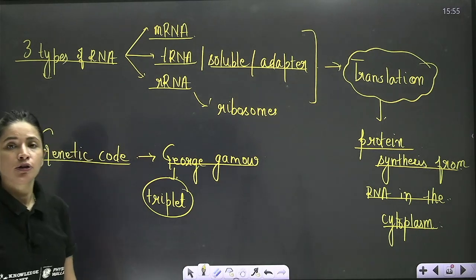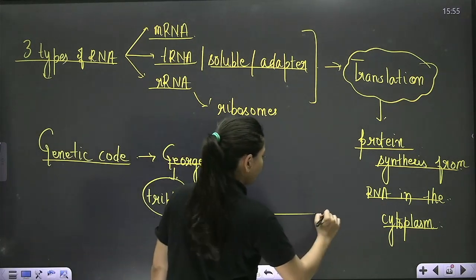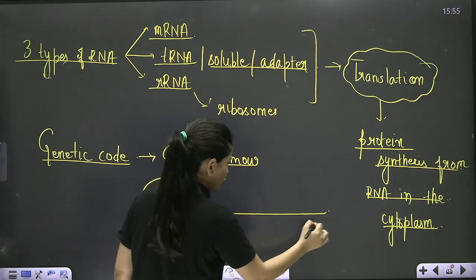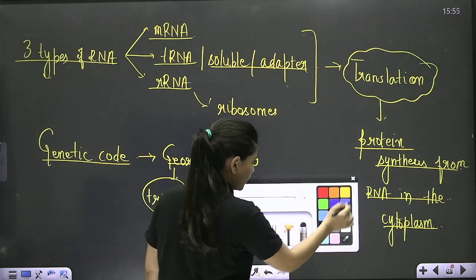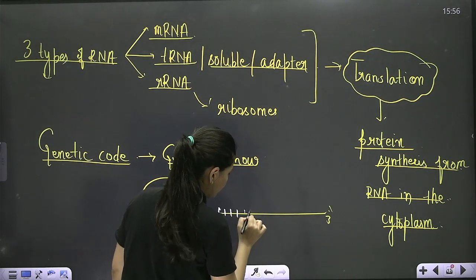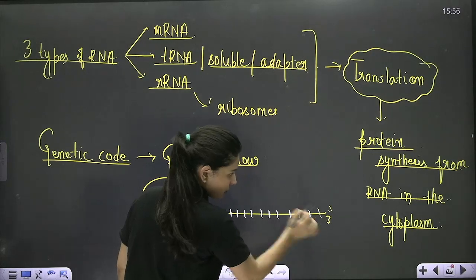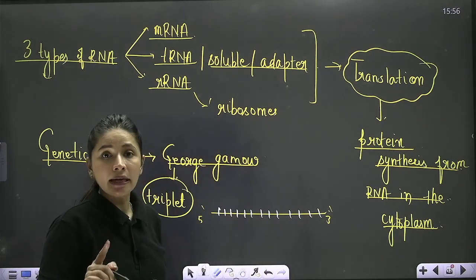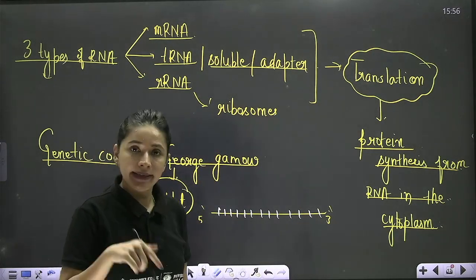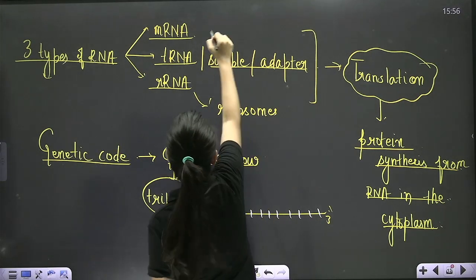Triplet, why? According to him, if an mRNA chain is made up of n number of nucleotides, right? Remember, beta, RNA is always single stranded, like DNA is double stranded.